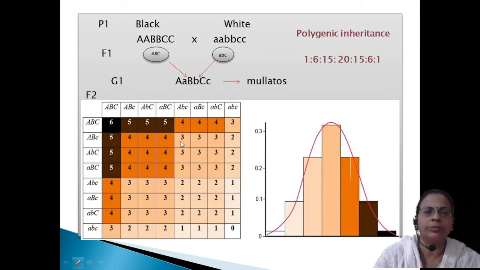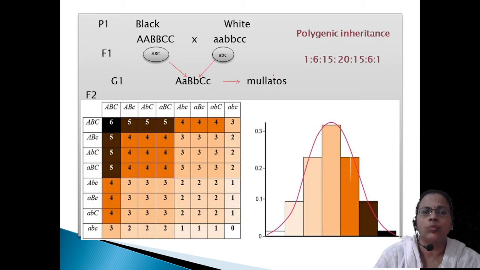The remaining 50% are recessive. Hence they are not very dark like the black parent, and not very fair like the white parent. So the F1 generation will all be of intermediate character, called mulattoes, or intermediate skin color.